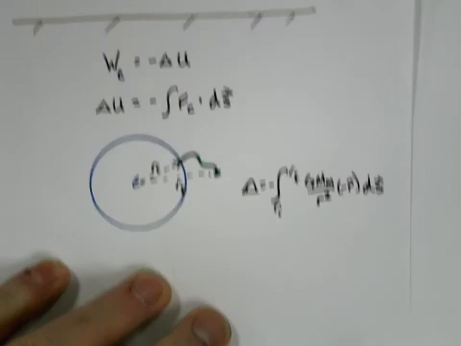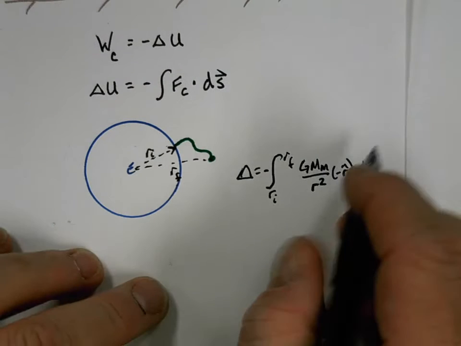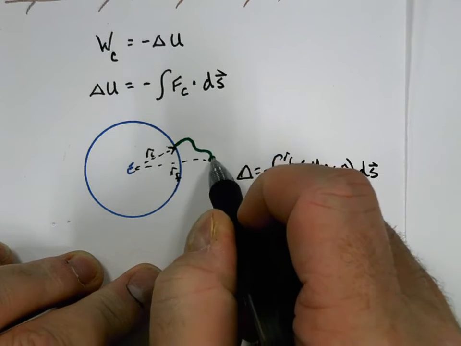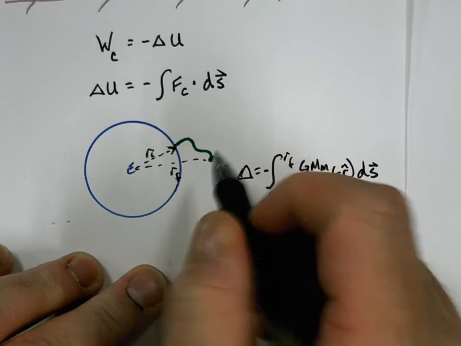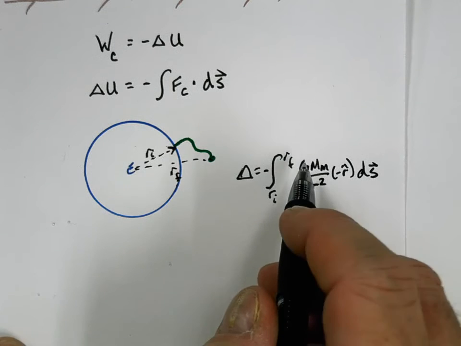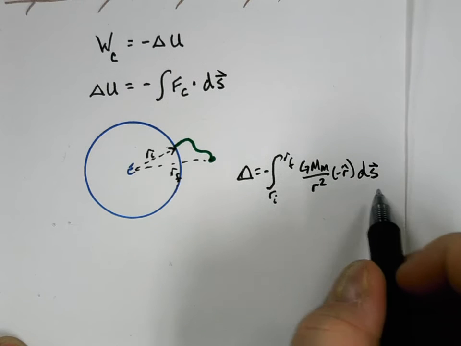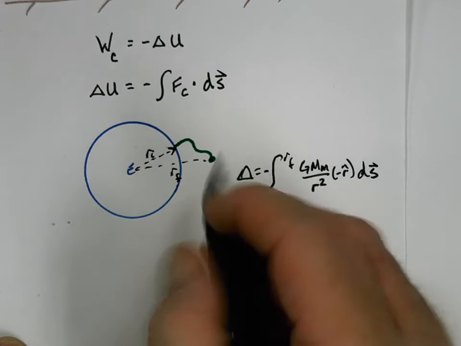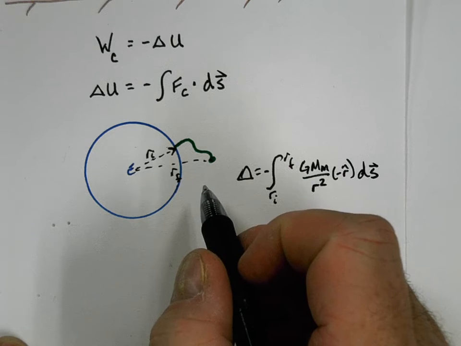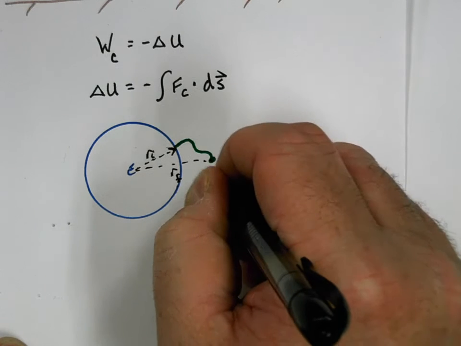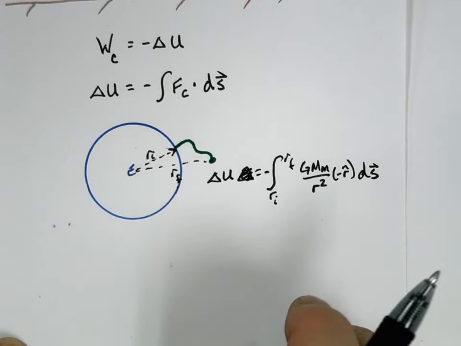Okay, d s. Now here is our s. This is the distance that we traveled, but only the part of ds that is in the direction of the force actually contributes to the work. I'm sorry, totally, this should be delta U equals all that.